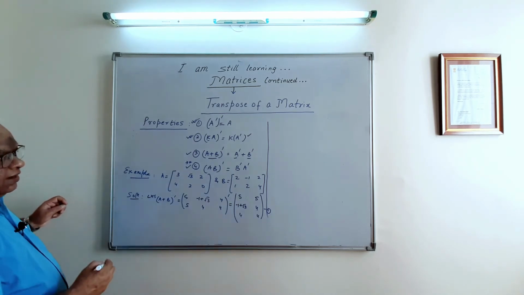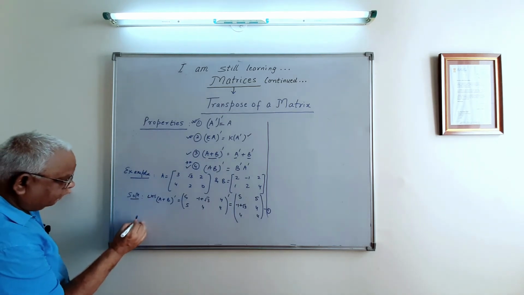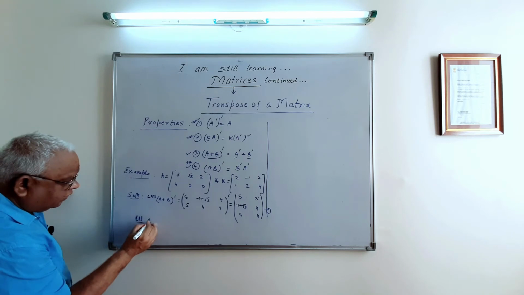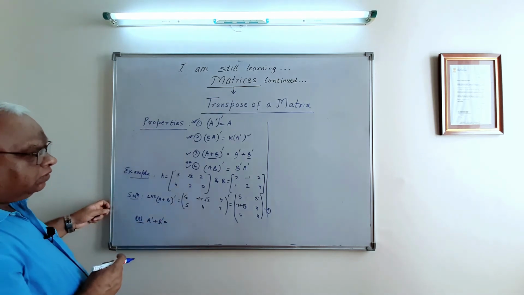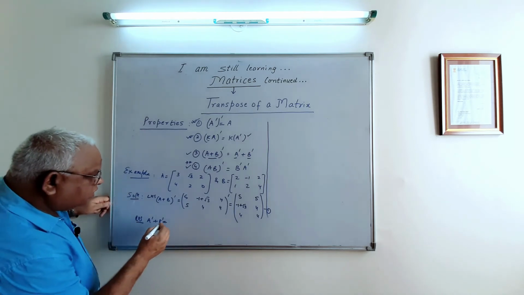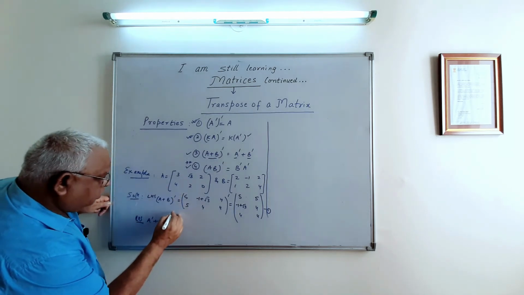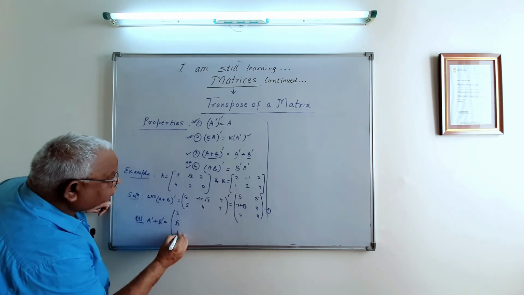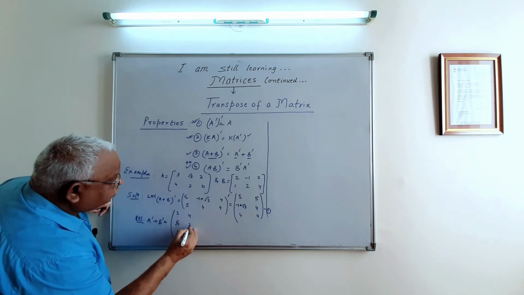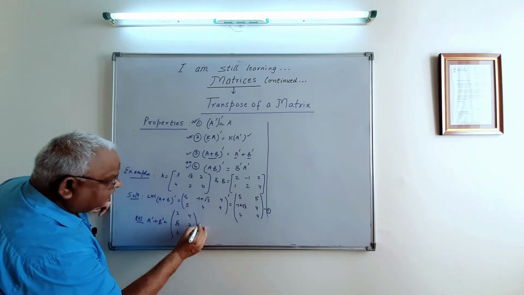Right. Now the right hand side is A transpose plus B transpose. So A transpose is 3, root 3, 2, 4, 2, 0. I have written it directly, right?